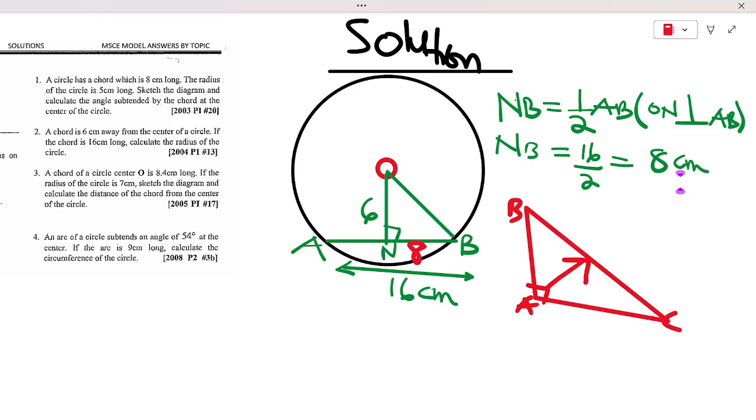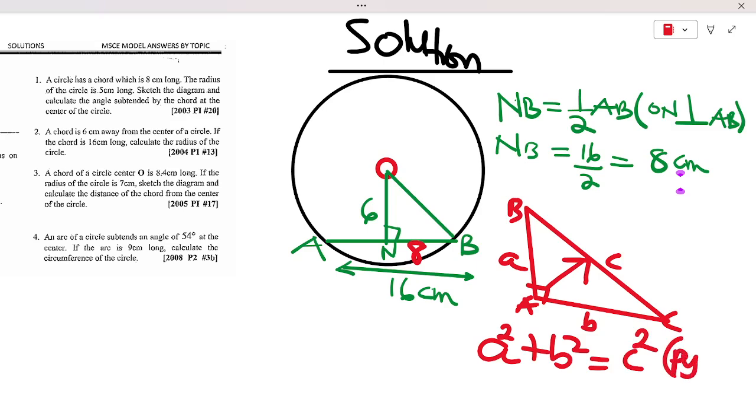The mathematics says if you square the two shorter sides and add them, A squared plus B squared, the result is equal to the square of the longest side. That's according to Pythagoras.